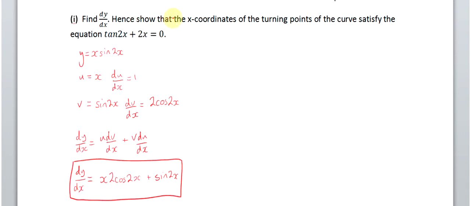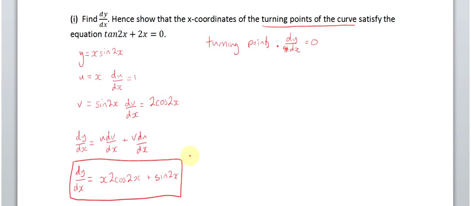Hence, show that the x coordinates of the turning points of the curve satisfy this equation. Okay, so we don't need to get freaked out by this. We've got turning points of the curve, so turning points are when dy by dx equals 0.